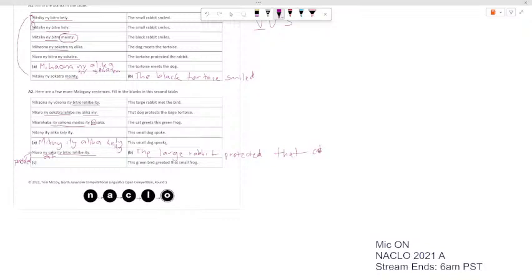It is 6 right now, but I'm going to write down the last sentence and then we can check this tomorrow morning. The large rabbit protected that cat. We're going to assume that's it. Or this cat, but this cat sounds odd. The large rabbit protected this cat.